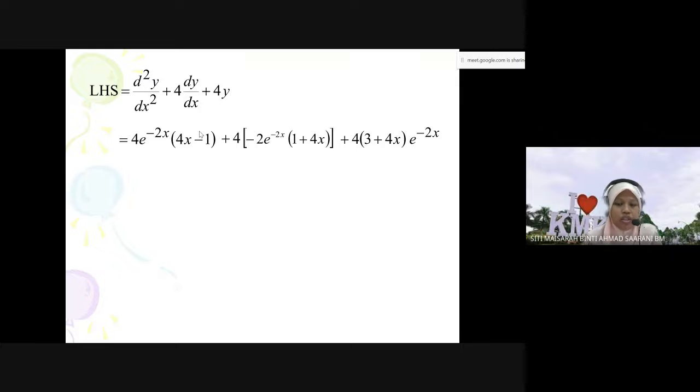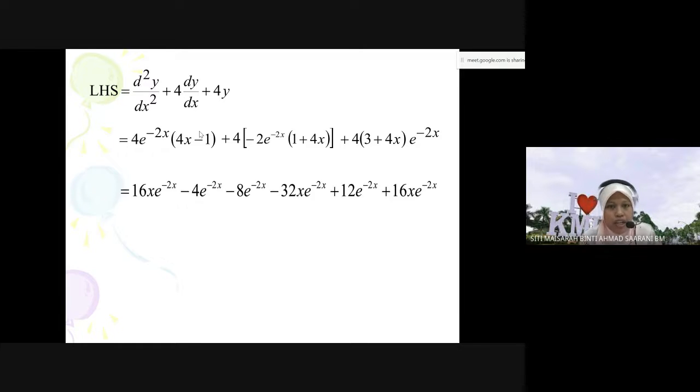We just substitute. And then to show that it becomes 0, you need to expand, so that we can see which terms we can subtract and which we can add.